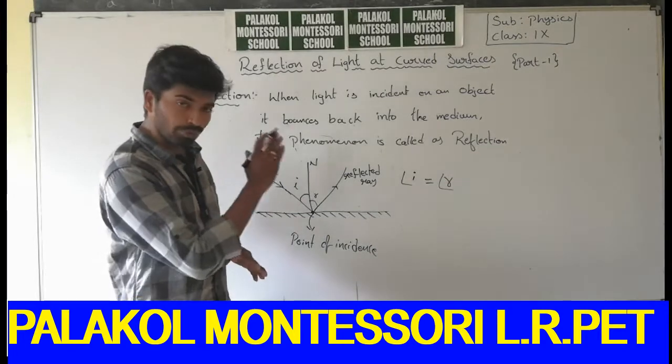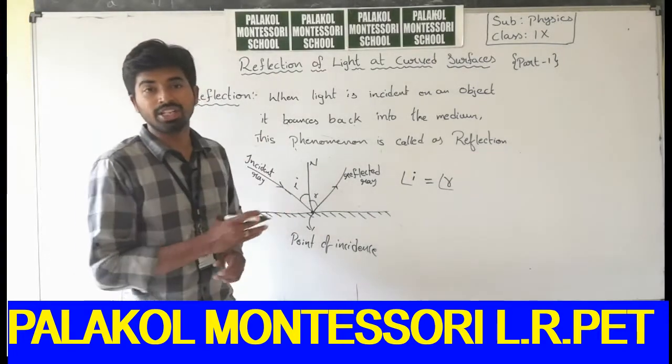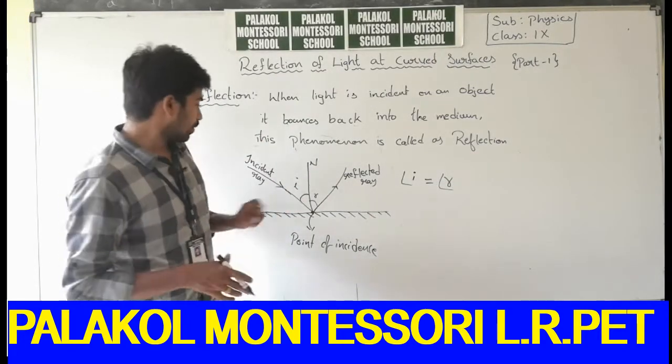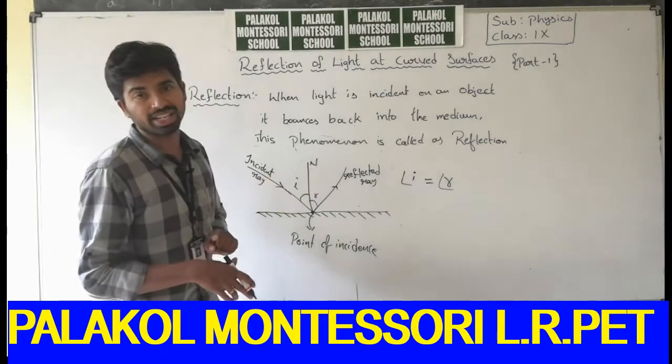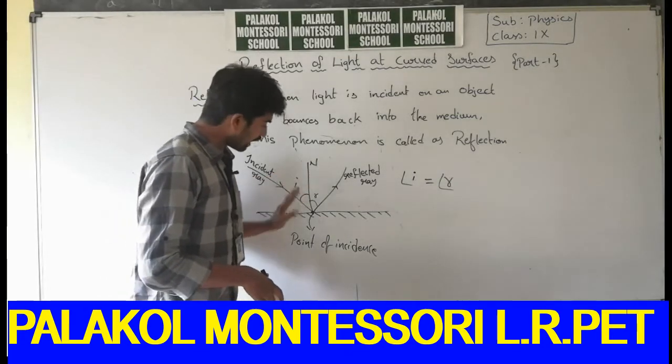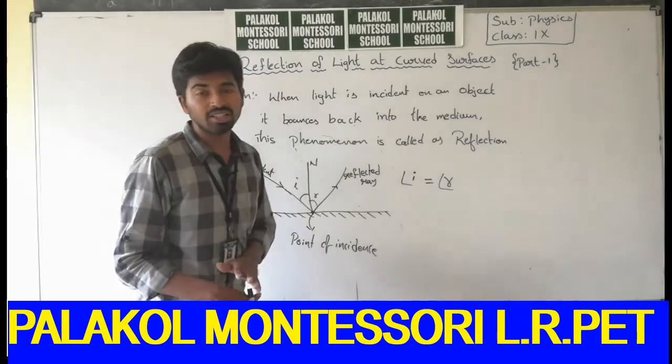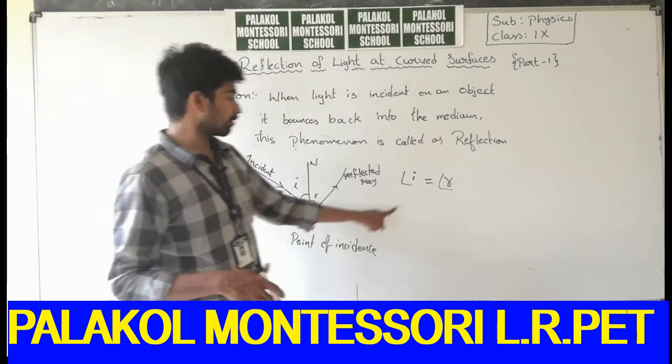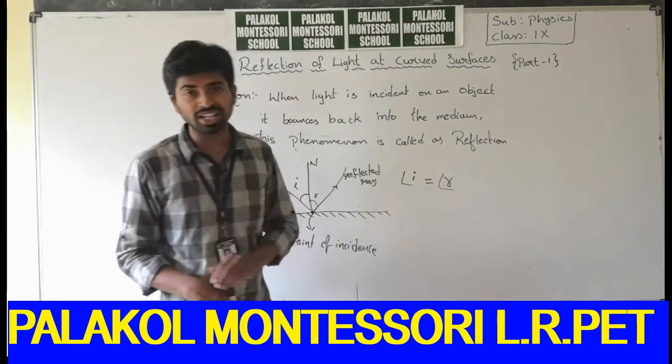To draw the reflection diagram, you need to draw the normal line first. Then you can find the angle of incidence, and from it you can draw the reflected ray, because the angle of incidence is equal to the angle of reflection.